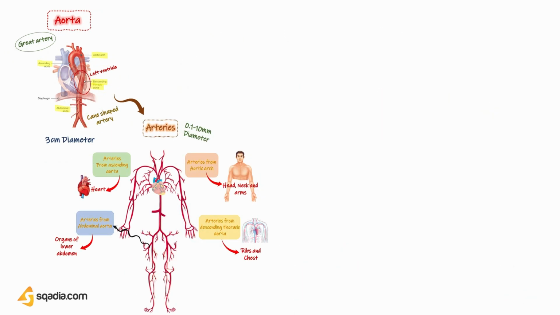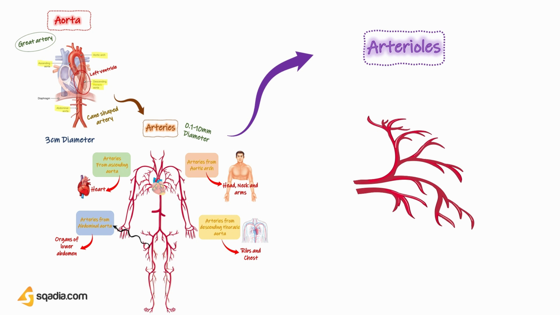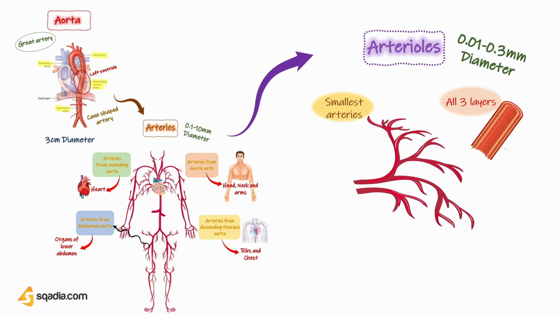These arteries then further divide into smaller branches that are called arterioles. The arterioles are the smallest arteries, with a diameter of about 0.01 to 0.3 mm. In certain areas, they have all 3 vascular layers, but when they are close to the capillaries, they comprise a single smooth muscle layer overlying endothelial cells.